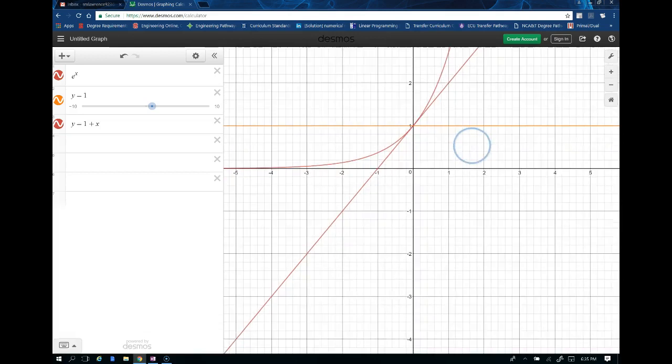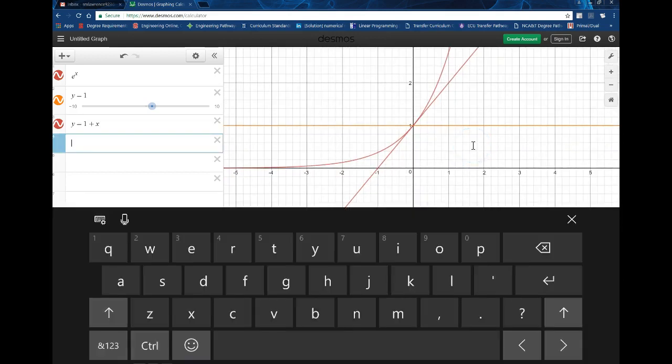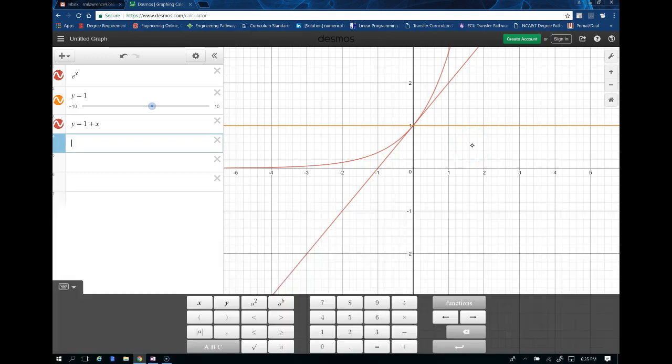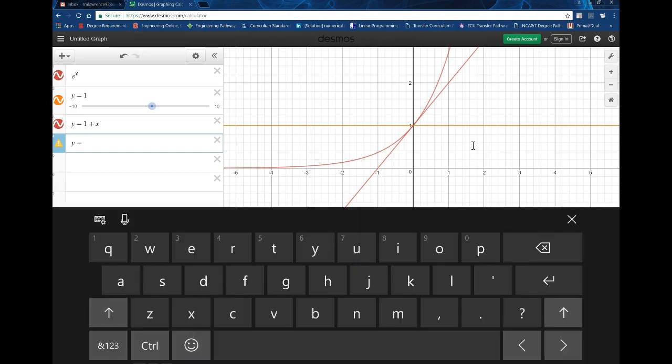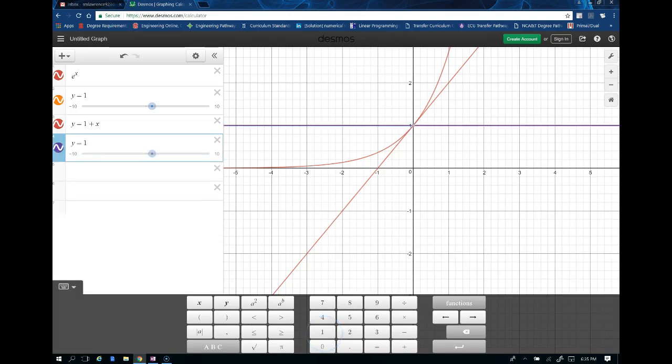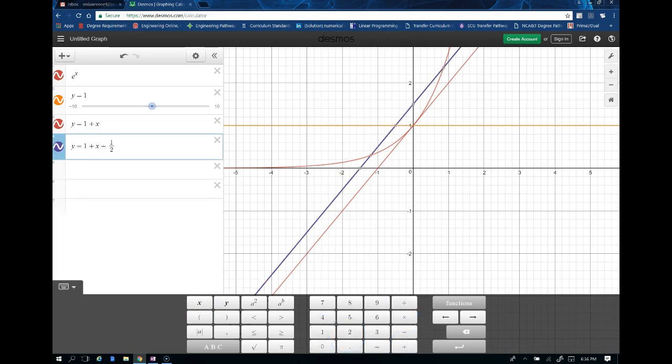And now let's look at the quadratic function, see what that looks like. We had y equals 1 plus x plus 1/2 x squared.